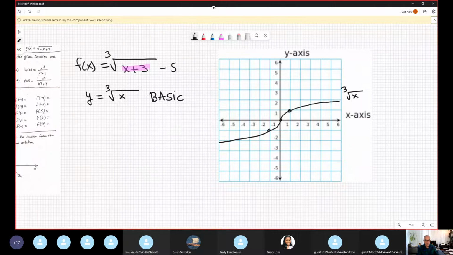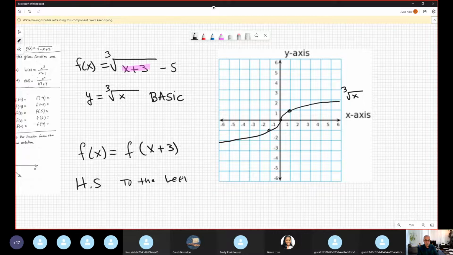The thing we are doing is x plus 3, and it's a horizontal shift. In what direction? To the left, exactly, because it's plus.